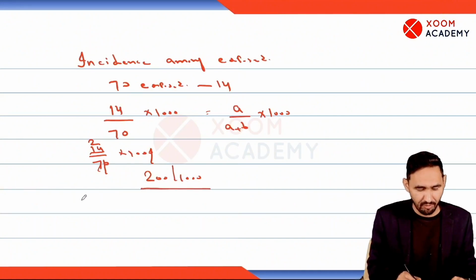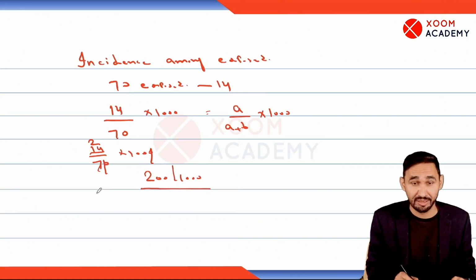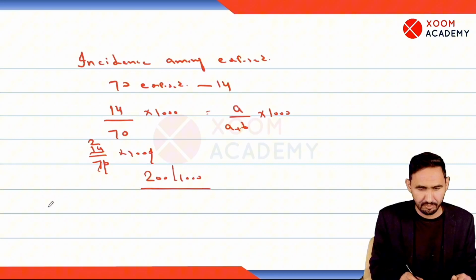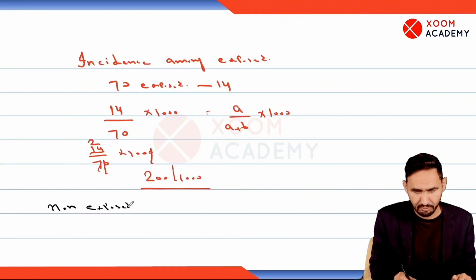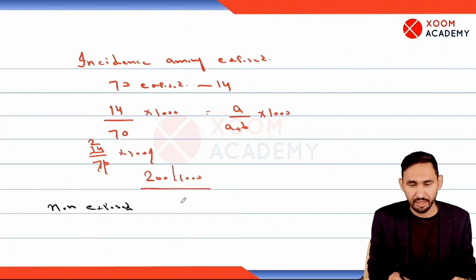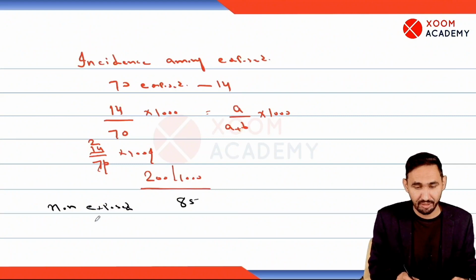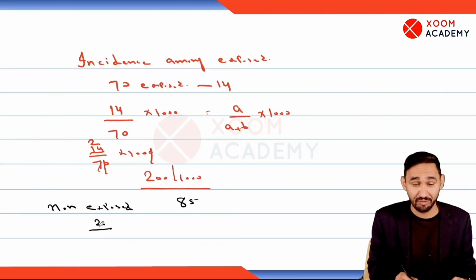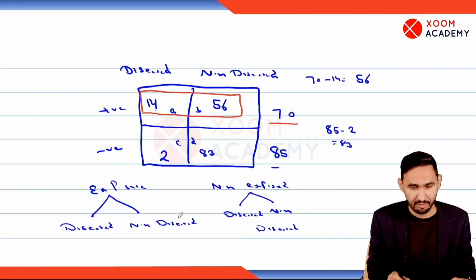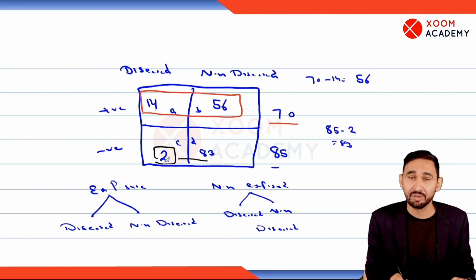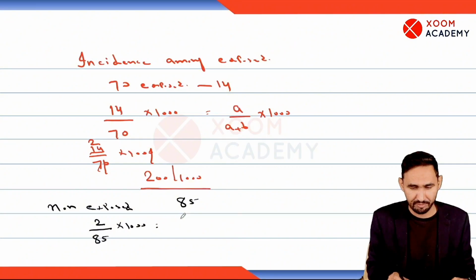So now we will measure incidence in non-exposed. We see that 85 women were non-exposed and they were not using OCPs. 2 of them developed cervical cancer. So we divide 2 by 85, total number of non-exposed women. Or we can say that we divide C by C plus D, because these 2 developed cervical cancer among 85.